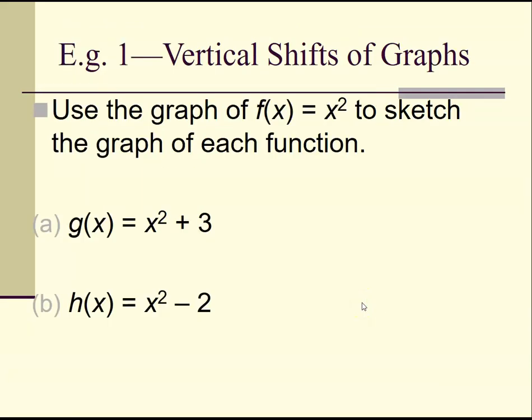So let's check how we will determine now the graph of each given function. g(x) equals x squared plus 3. X squared is a parabola, and the origin now will not start from 0 because we have plus 3.